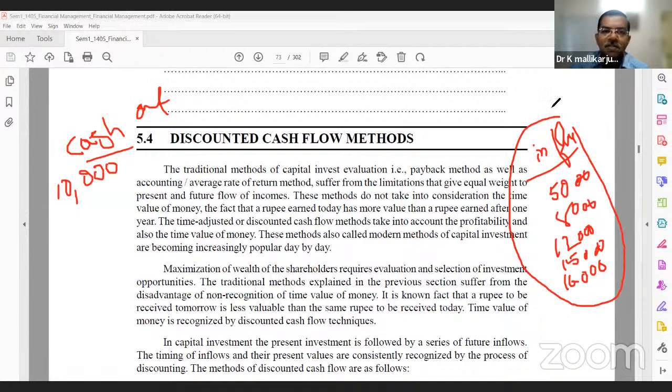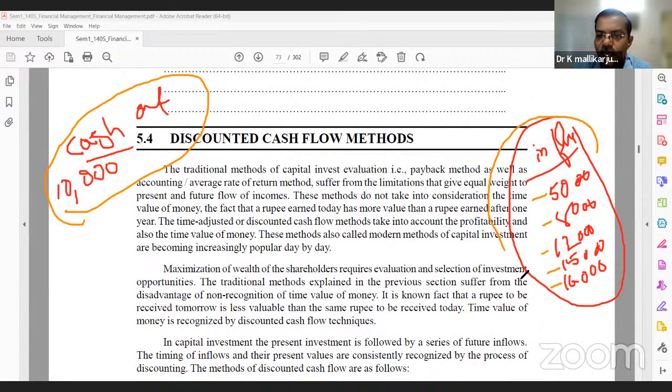So if the firm invests this amount, we assume that the firm may receive 5,000 at the first year end, 8,000 at the second year end, 12,000 at the third year end, 15,000 in the fourth year, and 16,000 rupees in the sixth year. So these are the future cash flows.